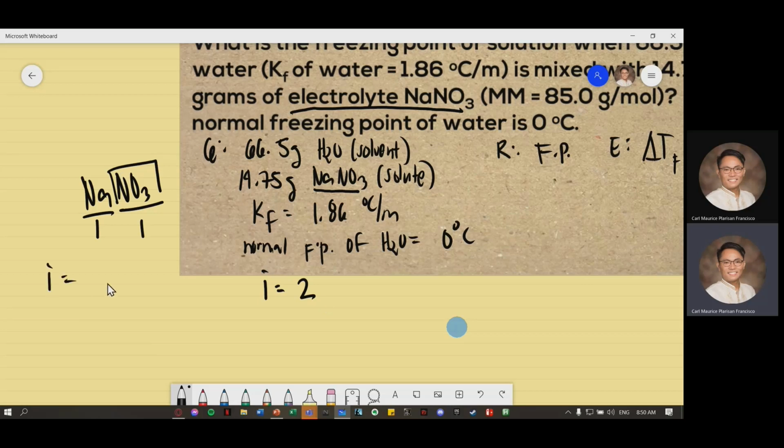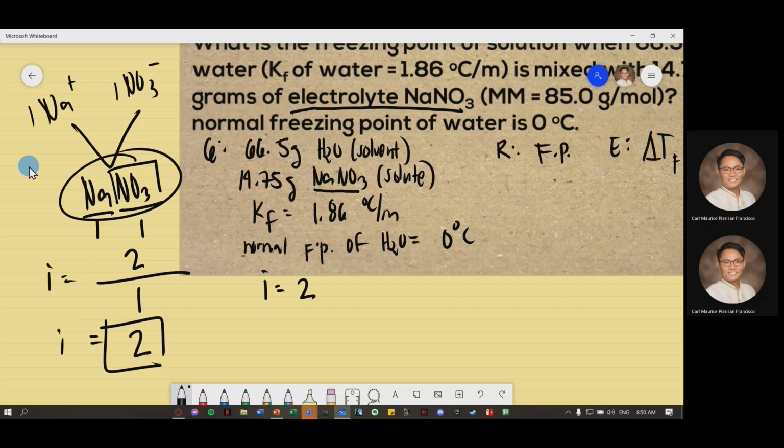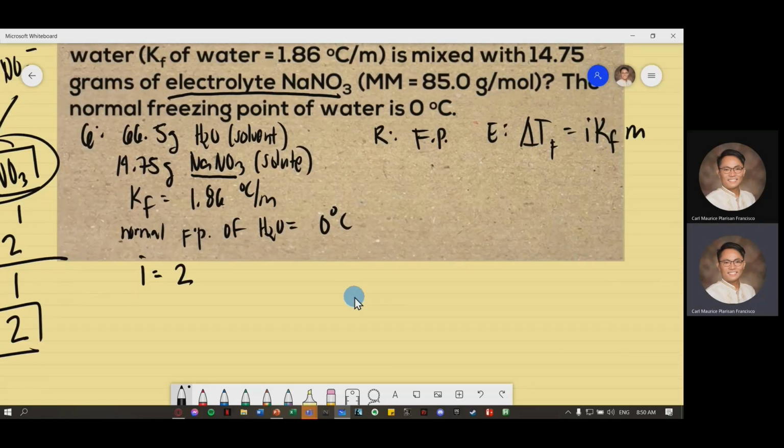So using the formula as well, numerator is particles dissociated. You have 2 particles dissociated. So this will be 1 sodium and then 1 NO3. So 1 plus 1, dalawa. And then the initial formula unit, that would be 1. So 2 over 1, you have 2. So the Van 't Hoff factor would be 2.